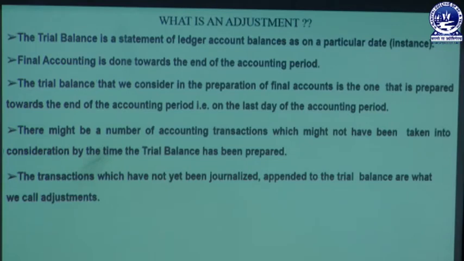The items which are not considered, or which are considered in advance, must be adjusted, as these are not related to the period. And the items which are not considered but are related to the period, we must consider at the time of finding out the net position of the organization. So those items need to be adjusted.